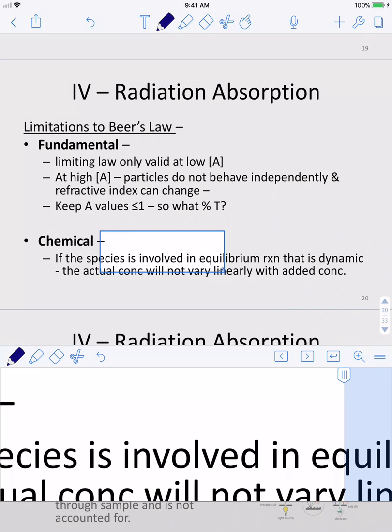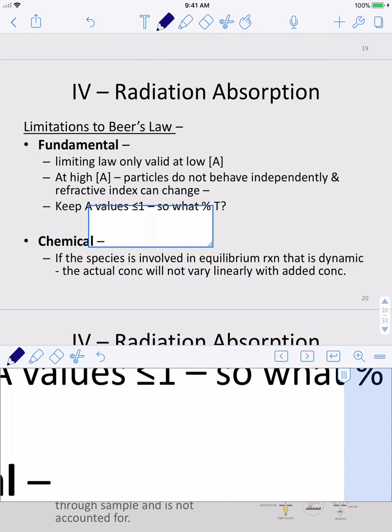So in order to keep Beer's law valid, we try to keep our values of absorbance below 1. Some people say below 2, but to be the best, we want to be below 1. So if we're below 1 absorbance unit, what is that in percent transmittance? Here again, we're going to just do the opposite.